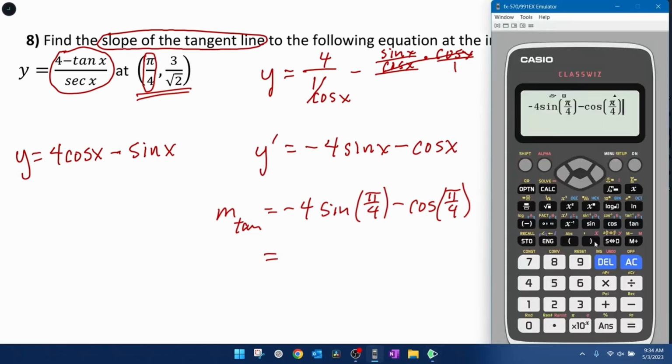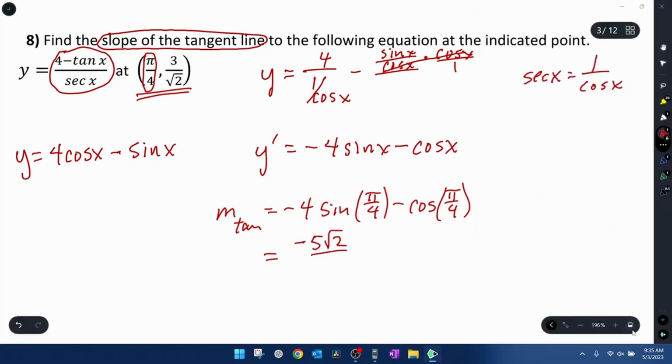And as you can see here, I've input that in my ClassWiz. Just a reminder that this needs to be in radian mode since those angles are radian. And also notice that the ClassWiz gives us our exact answer in simplest radical form, which is freaking sweet. So our answer here, negative 5 square root of 2 over 2. And that's going to do it for this problem.